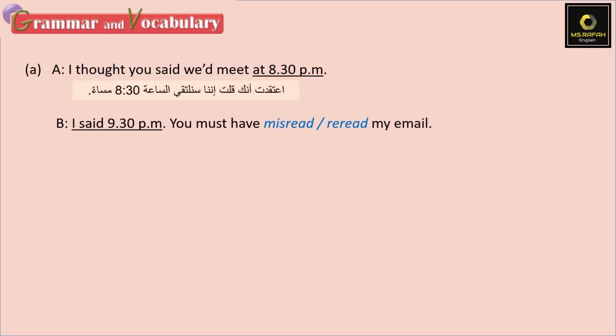I thought you said we'd meet at 8:30 p.m. I said 9:30 p.m. إذن هون من الواضح إنه عنا سوء فهم. هو قال 9:30 ولكن التاني فكر 8:30. فمنقول You must have misread my email. أخطأت بقراءة الإيميل أو reread my email. أعدت قراءة الإيميل. طالما في خطأ بالفهم إذن misread.